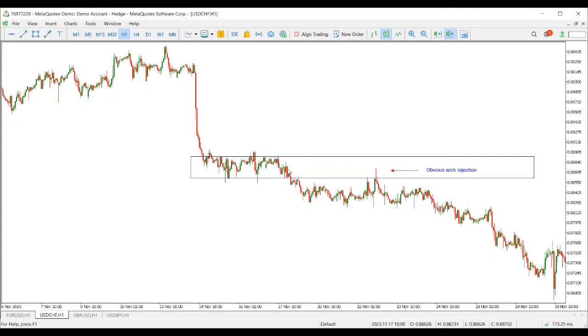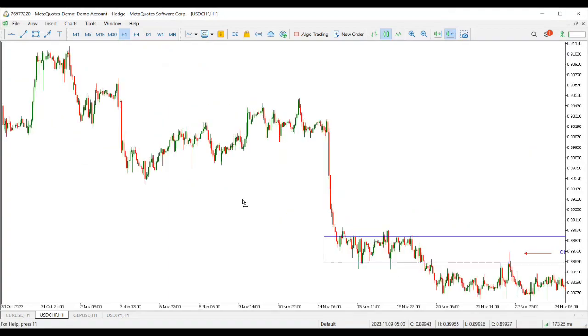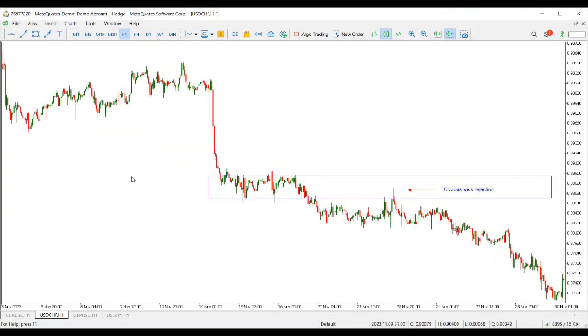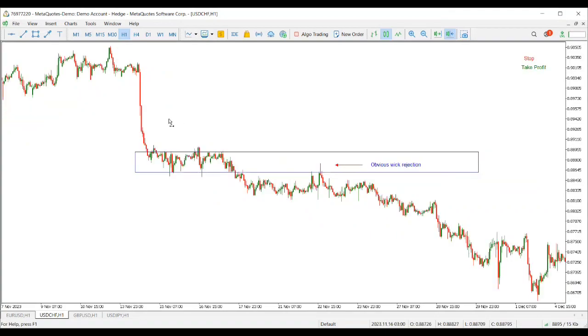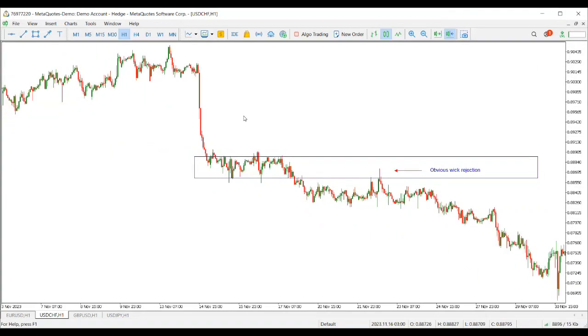So factor one, confirmed. The second factor is that since it's a bearish market, you only look for it on a resistance level, not on a support level. Remember the golden rules. You look for it on the resistance level because you only look for selling opportunities on a resistance level.